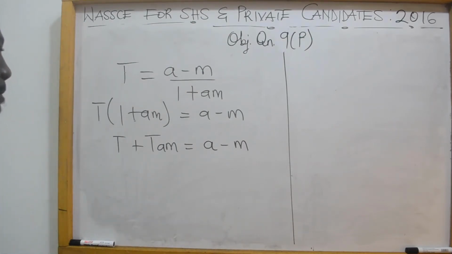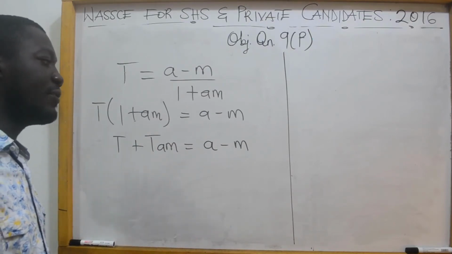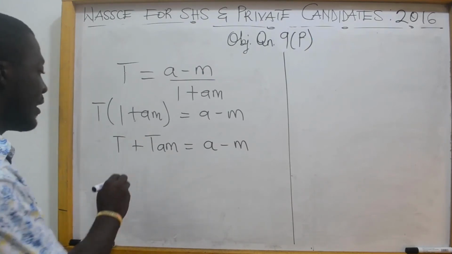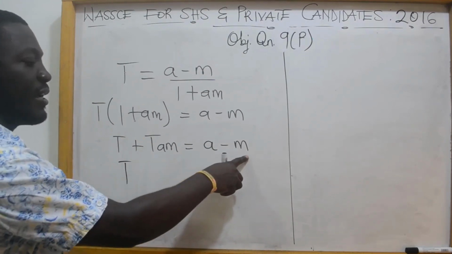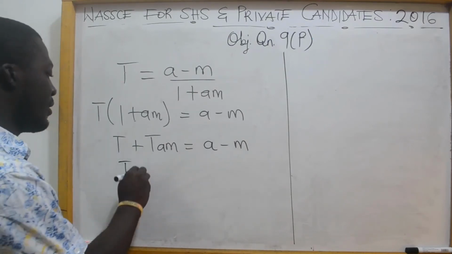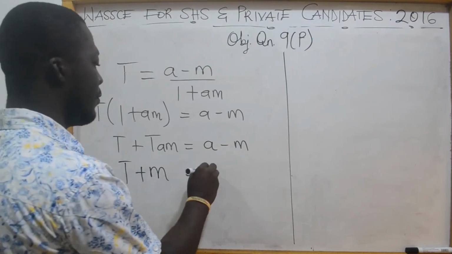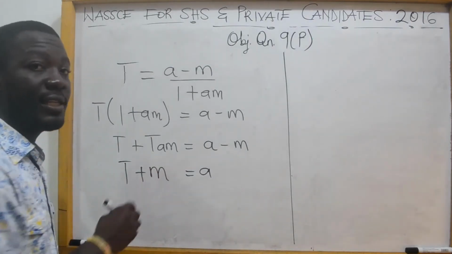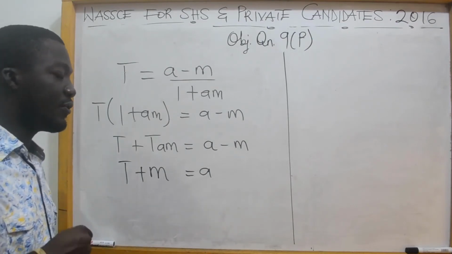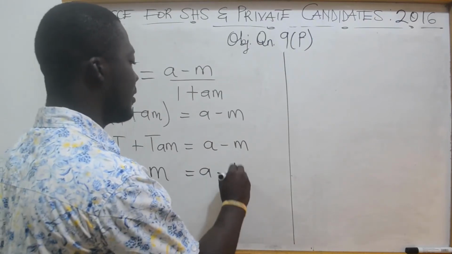So we will send the A's to the right hand side and the ones without the A to the left hand side, meaning we are going to get T, M is negative here. When it comes to the left hand side, it becomes positive. So plus M should be equal to, you already have A there, TAM is positive at the left hand side. So when it is transposed to the right hand side, it becomes negative, minus TAM.